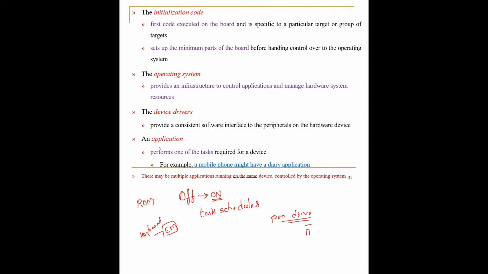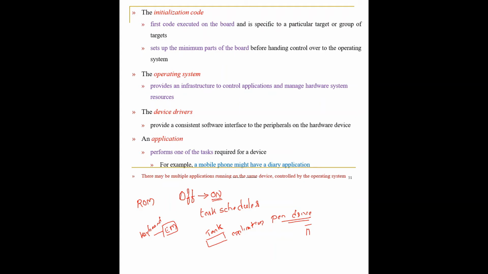Application is all about, for example, let us say you want to perform a specific task. If you want to make your embedded system ready to perform that task, you should have application software, a set of codes that will do that particular task, isn't it?